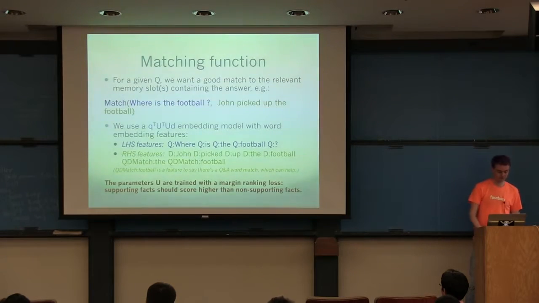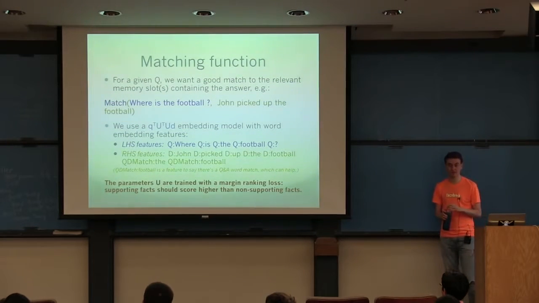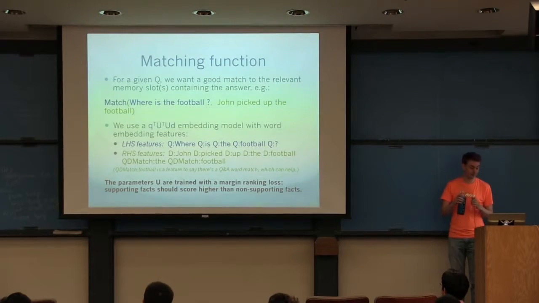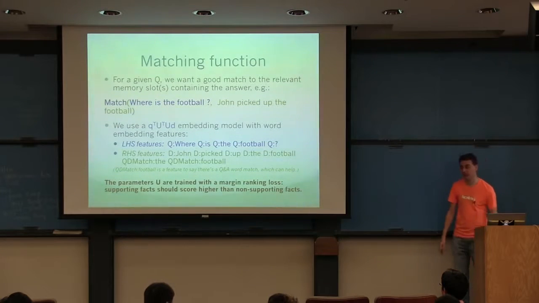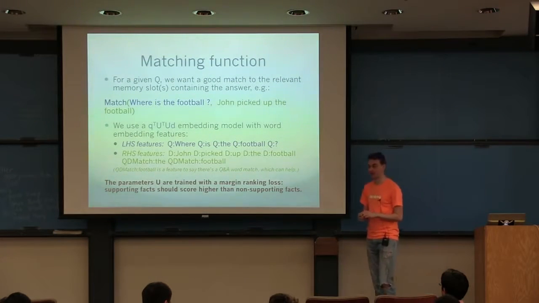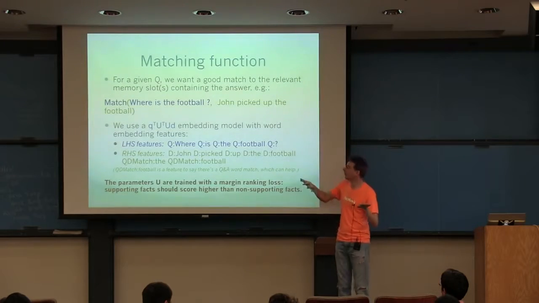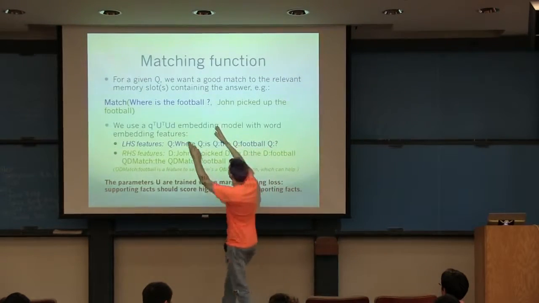But yeah, so onto the matching function. Here we're using basically an embedding model. We use a bag of words on both sides of this matching function, where I mean the two arguments.